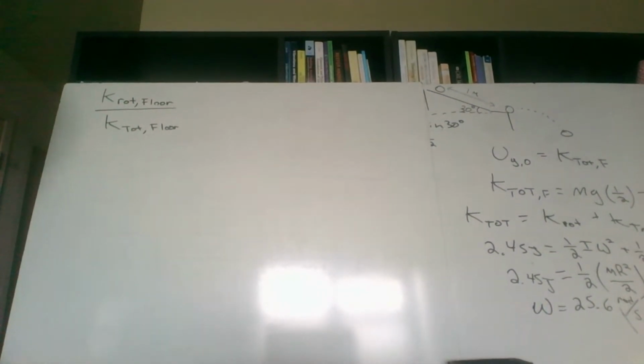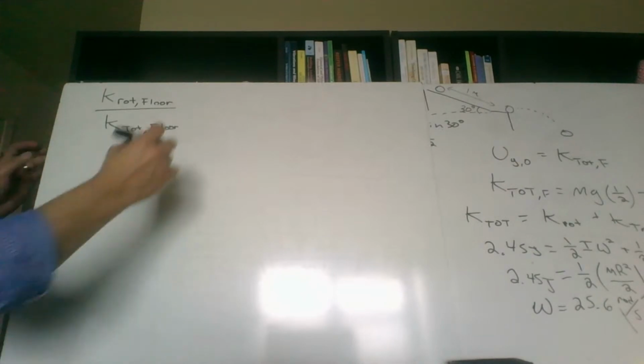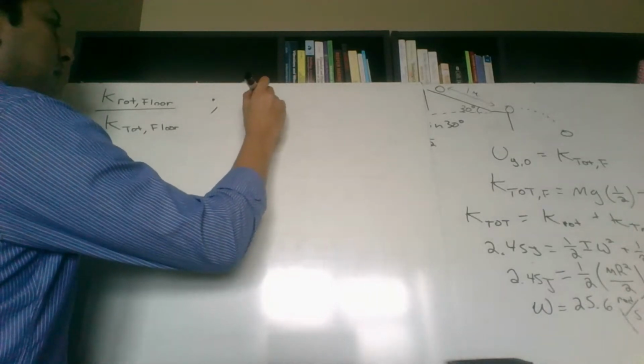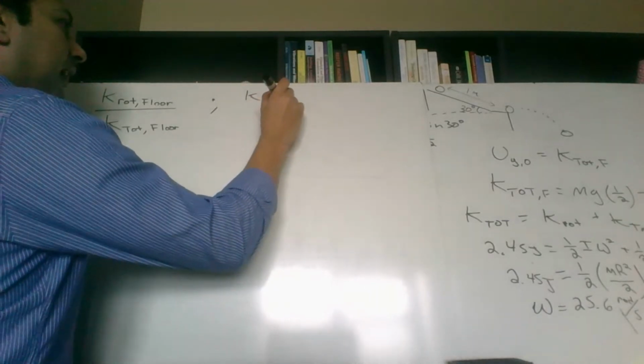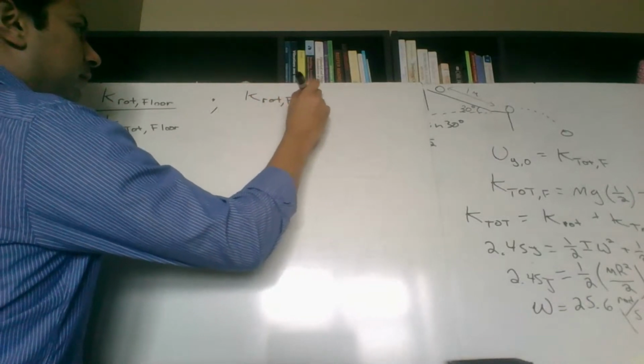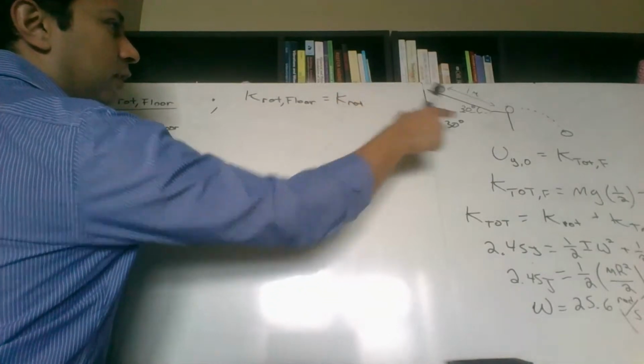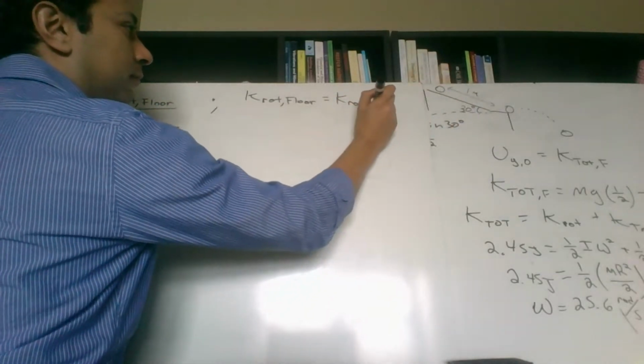And so we could say that the rotational kinetic energy at the floor is equal to the rotational kinetic energy when it left the table.